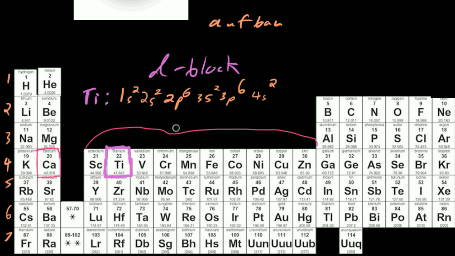So we're going to start filling up our D orbitals, and you might be tempted to write 4d2, but it's just a little bit different. The D orbitals backfill one period, so this is actually going to be 3d2.